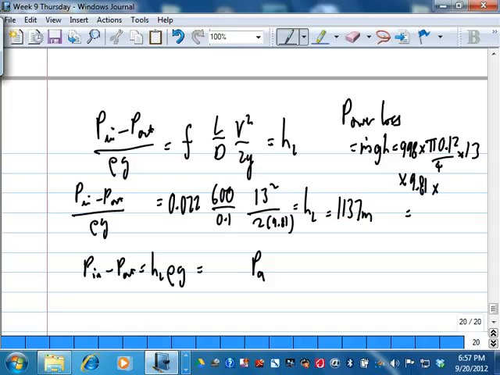You sure? f L on D, V squared on 2g. Alright. So, sure. Okay. So put in 1137. So what's the pressure drop? 11.13 megapascal.